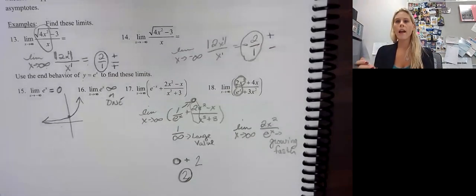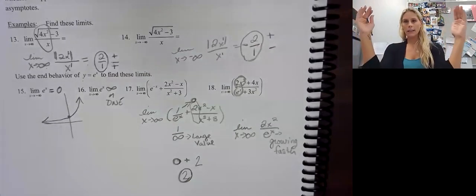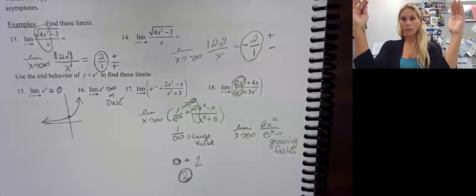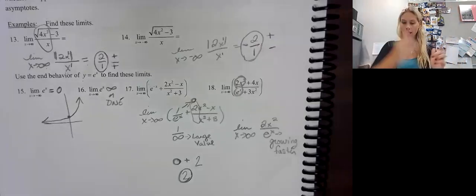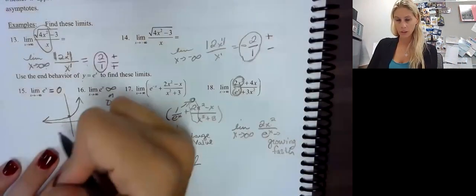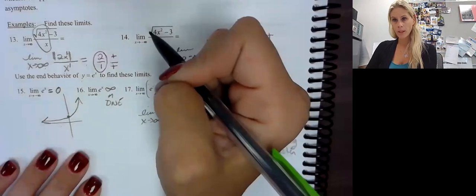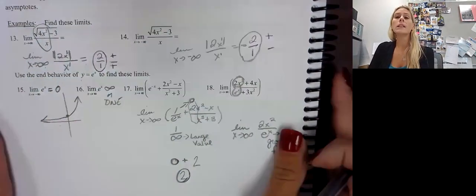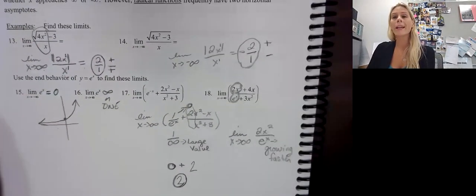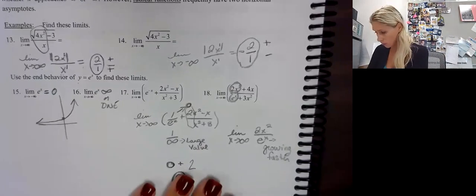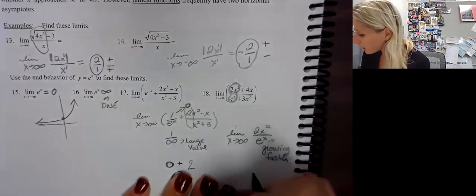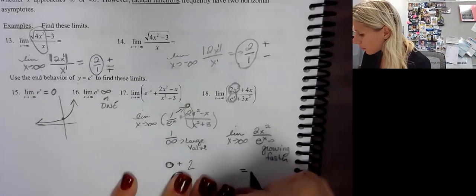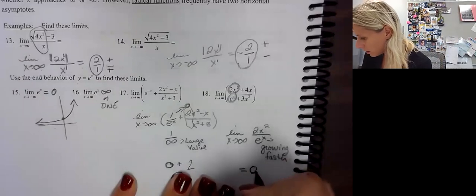Think of it: an x squared is like your parabola, right? But your e to the x is growing faster. It's coming up faster than our parabola. So since the denominator is growing faster than the numerator, that means our limit is approaching 0.